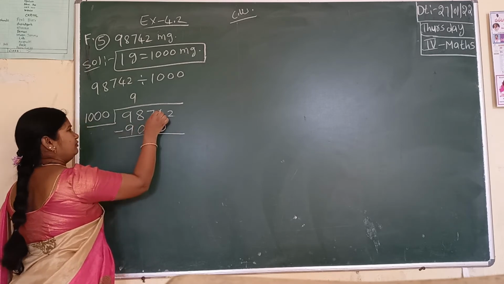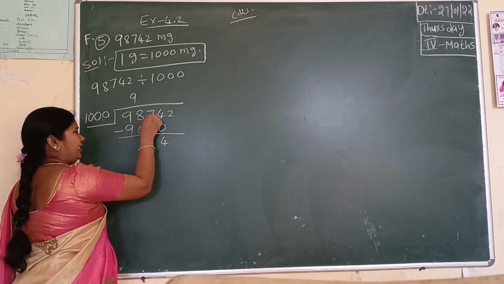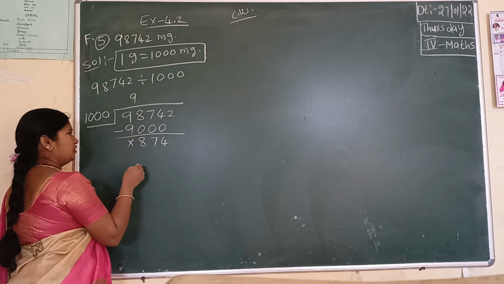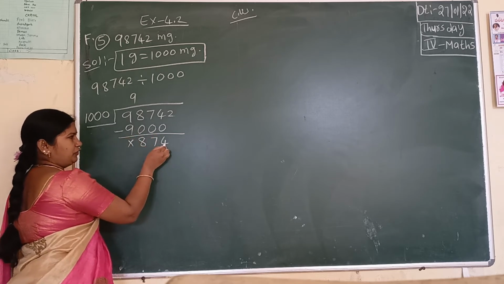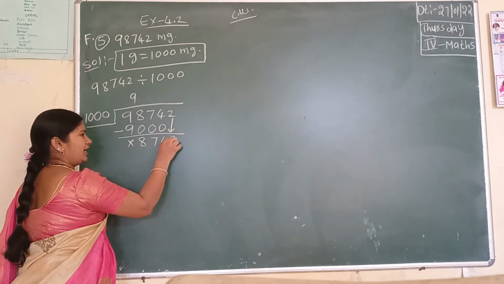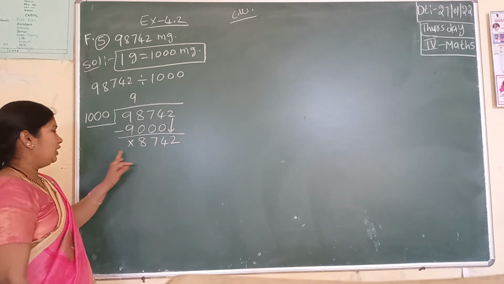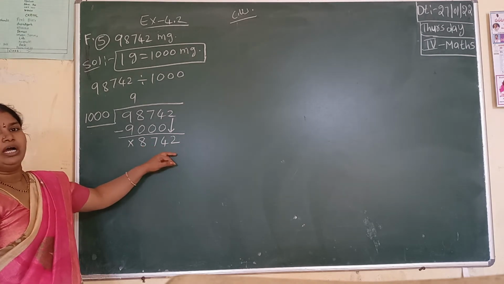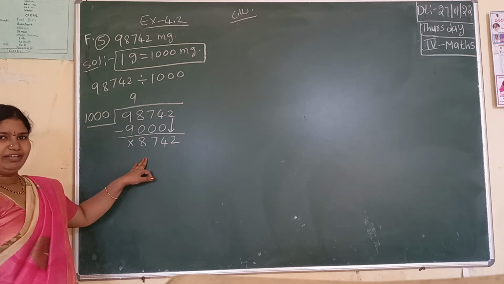Do the subtraction. 4 minus 0 is 4, 7 minus 0 is 7, 8 minus 0 is 8, 9 minus 9 is 0. Here 874 is there. We have 2 in the ones place. Again take the arrow mark and take the number down. Now the number becomes 8742. Again you have to divide with 1000.